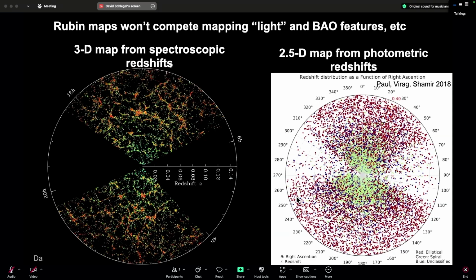I don't know. So my claim is this won't actually compete as far as making these precision three-dimensional maps, because this information gets blurred out in redshift space, in distance space, so we don't really know the distances of these galaxies.